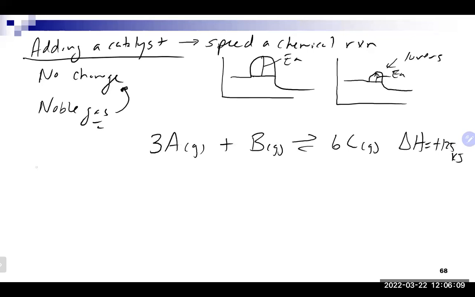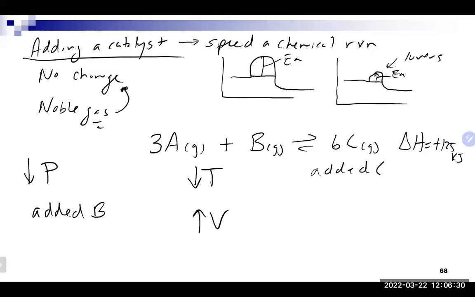All right, so let's say we decreased the pressure, we added some B, we lowered the temperature, we increased the volume, we added C, we removed A, we added a catalyst.